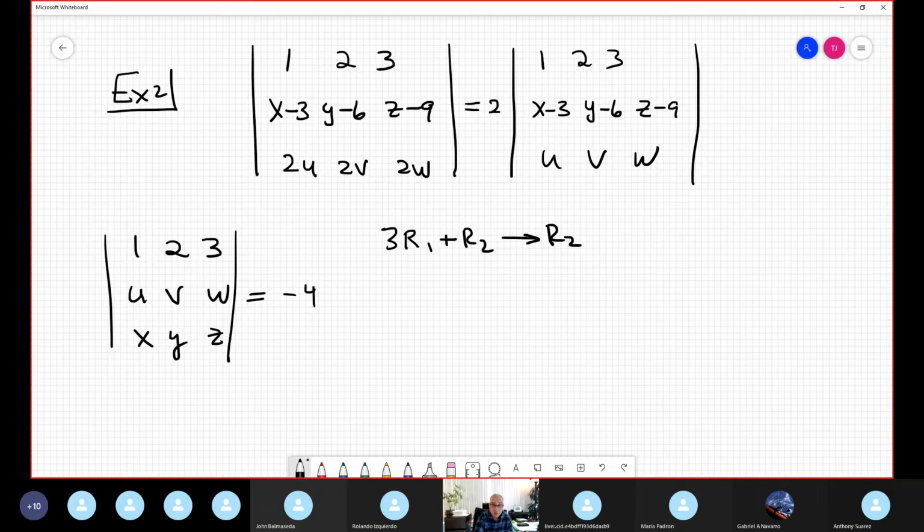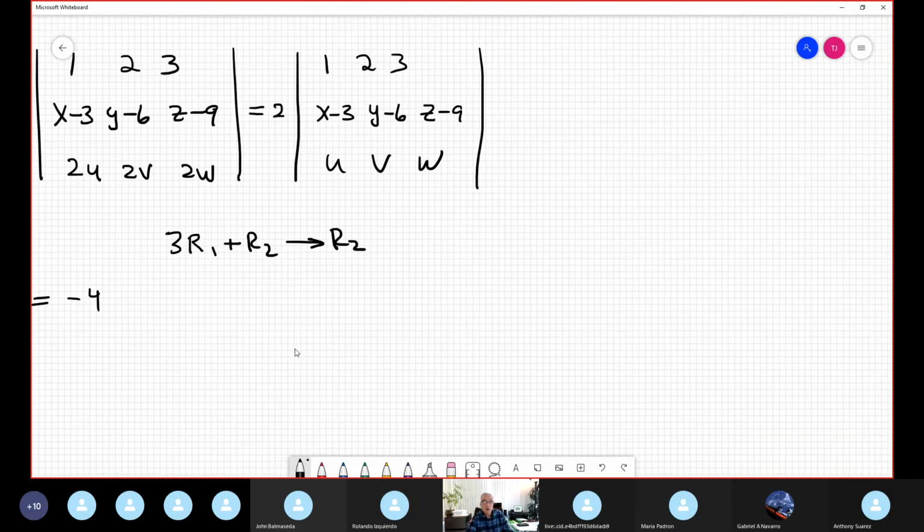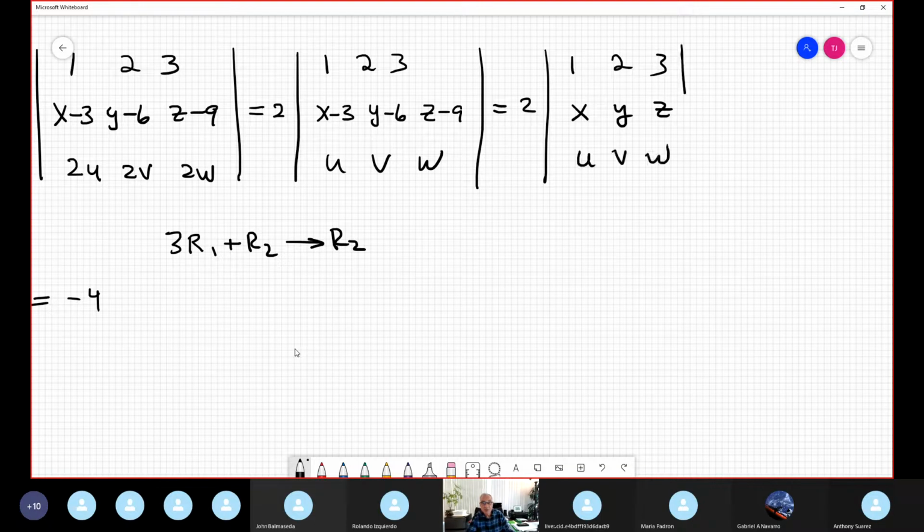When you store that information in row 2, the first row stays the same, this one changes, and the last stays the same. Do you see the transformation?